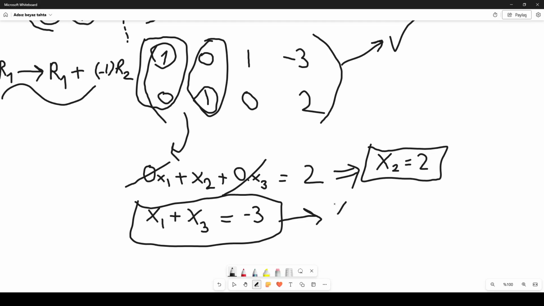So if I move x3 to the other side of the equality, I get x1 is equal to minus x3 minus 3. Or vice versa, I can move x1 to the other side, then I get x3 is equal to minus 3 minus x1.